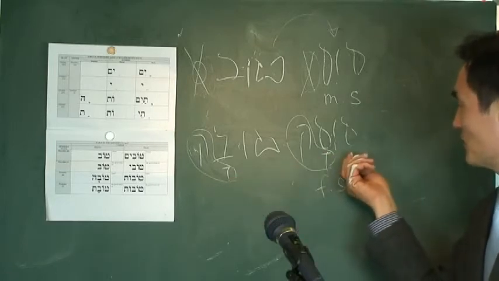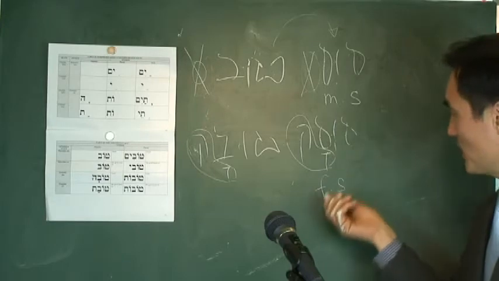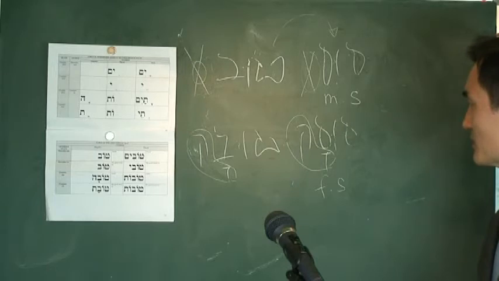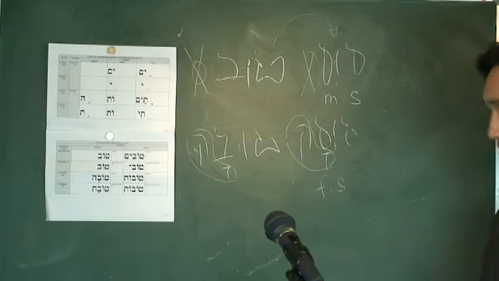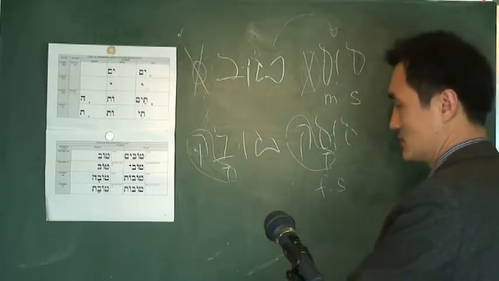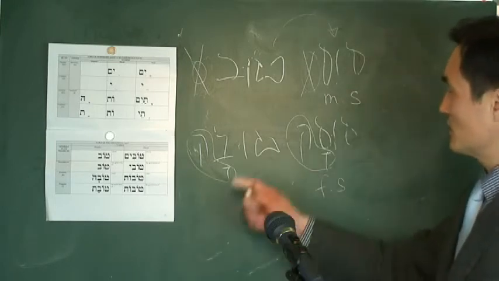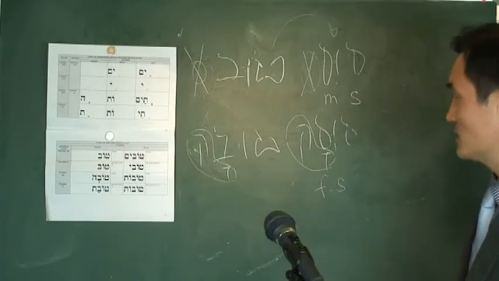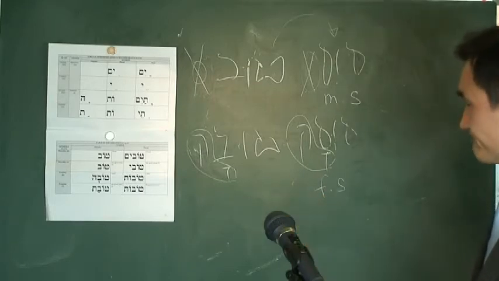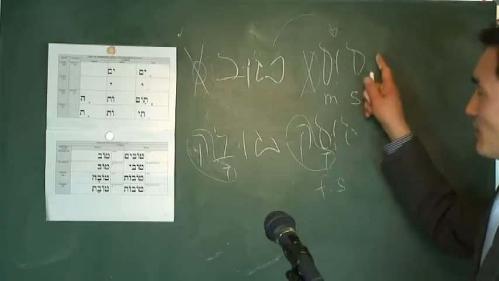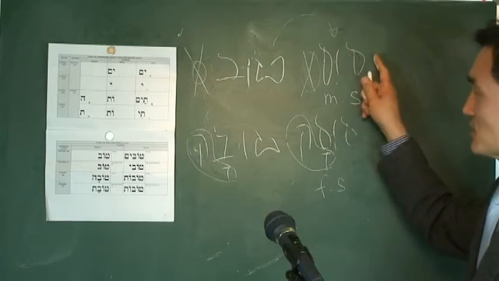The adjective tov would become tova, and the gender and number would agree with Susa, the noun it is modifying. Like this, the attributive and the predicative use of adjectives must agree with nouns in gender and number.